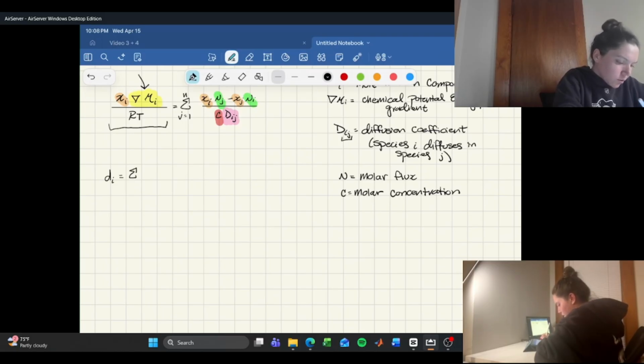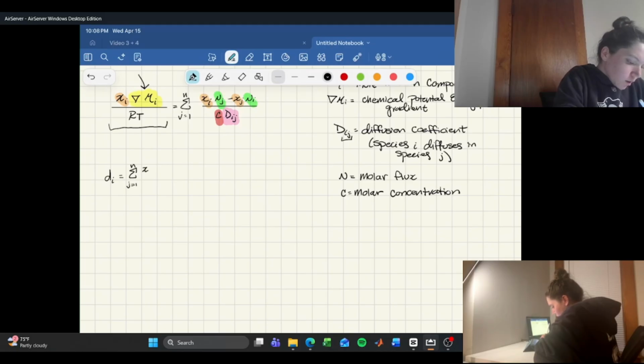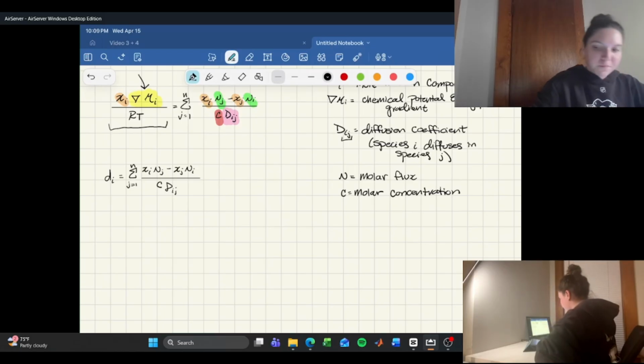It's going to be equal to the sum of the mole fraction of I times the molar flux of J minus the mole fraction of J times the molar flux of I, all over the molar concentration times the diffusion coefficient of species I and J.